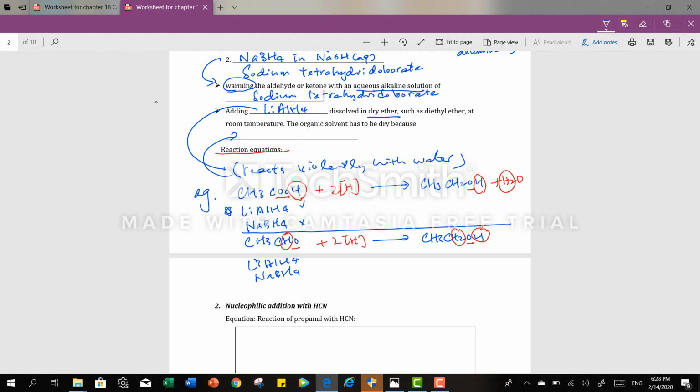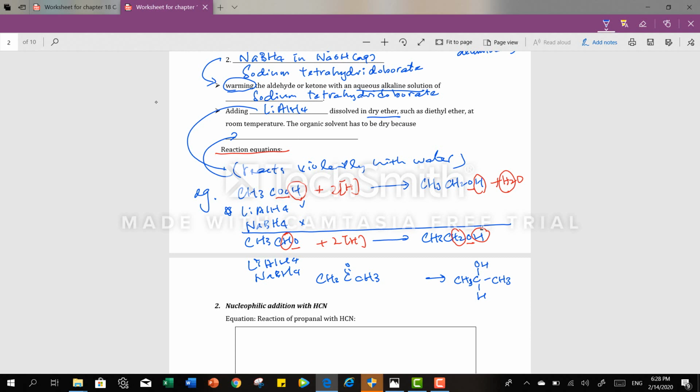The last one, let us try a ketone, a reduction of a ketone. For example, propanone. When it is reduced, it will go back to secondary alcohol.